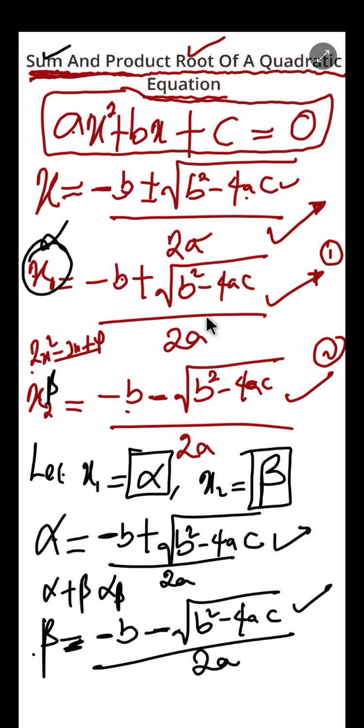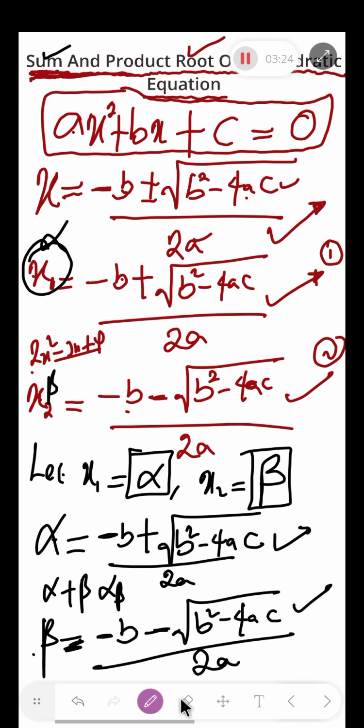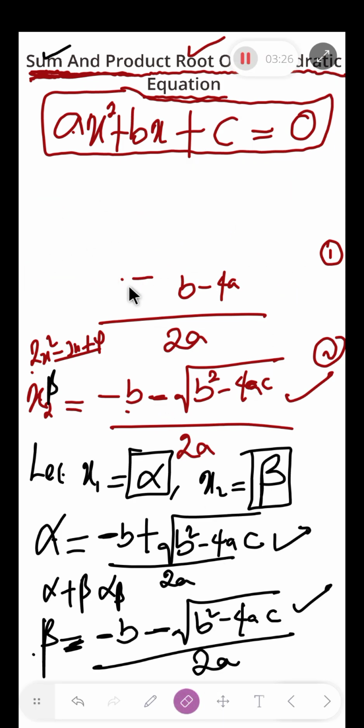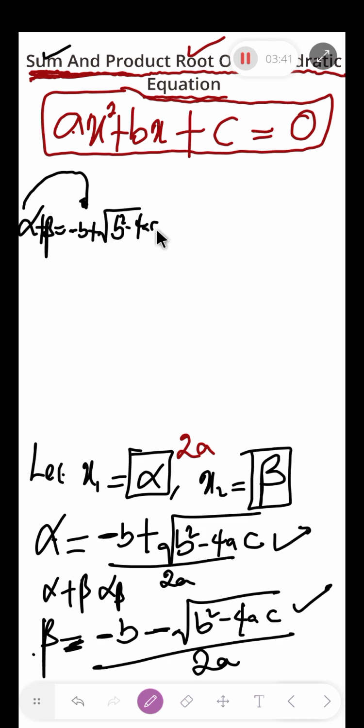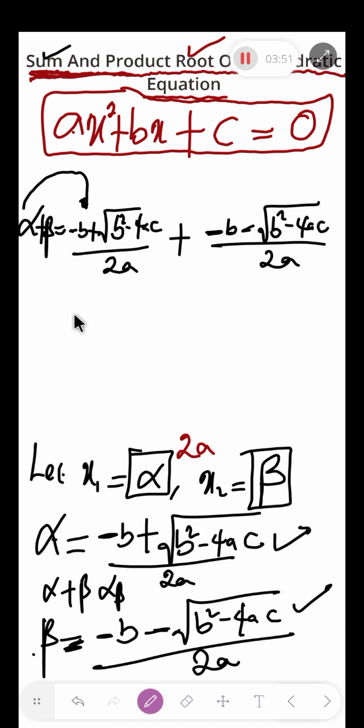In this case, we can simplify this further. Alpha plus beta is minus b plus square root of b squared minus 4ac over 2a, plus beta, which is minus b minus square root of b squared minus 4ac over 2a. When I simplify this, I have the LCM as 2a.